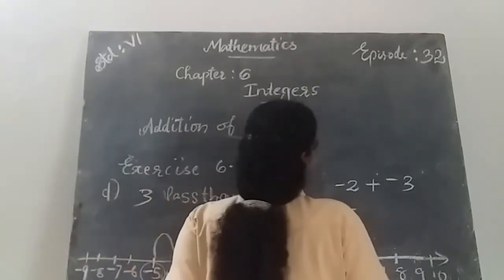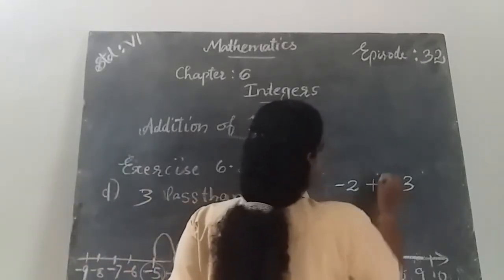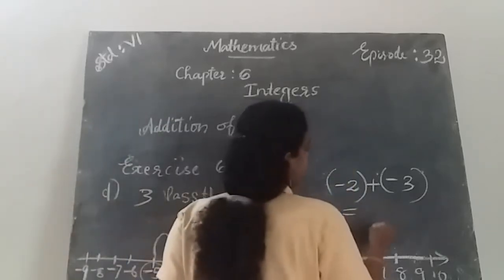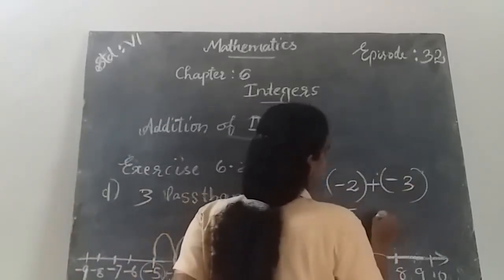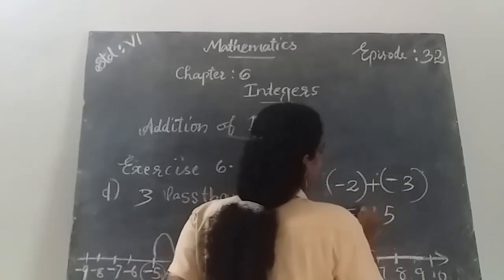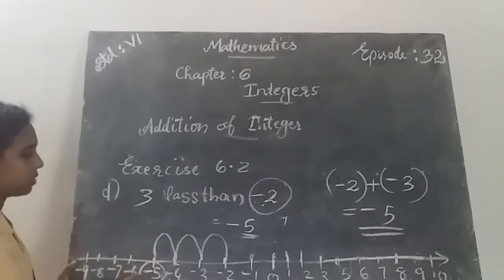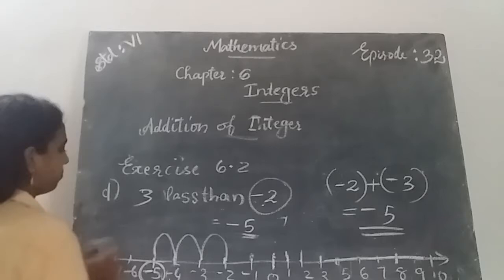Then we get -2 plus -3. When we add any two negative integers, we get a negative integer. We add these two numbers, we get 5, then put the sign of negative. So we get -5. Here on the number line we also get -5.